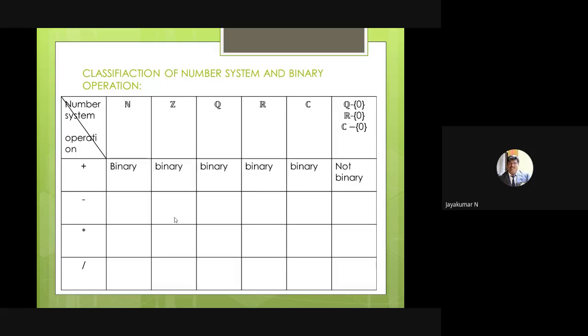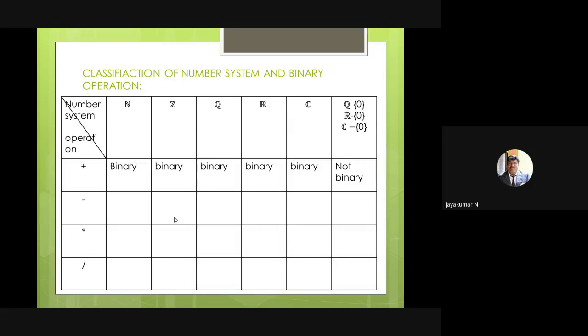So try to prove it is not binary. For that, try to find an example where the result does not belong to the corresponding set. In that case you can easily identify whether it is binary or not. In natural numbers, when you add two natural numbers you get a natural number again; integers, rational numbers, real, complex are all well defined.